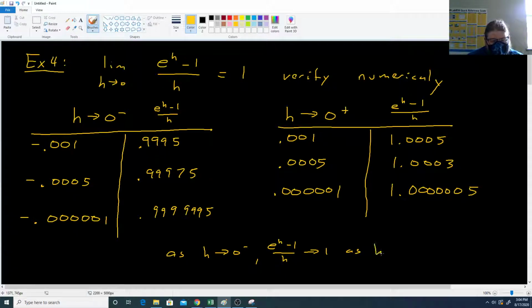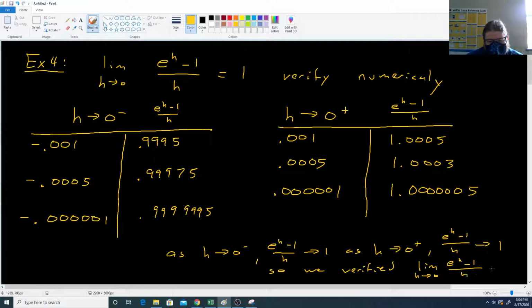As h approaches 0 from the right, (e^h − 1)/h approaches 1. So we verified that the limit as h approaches 0 of (e^h − 1)/h is equal to 1.